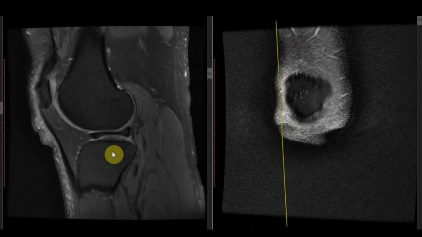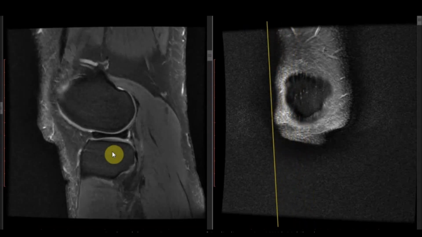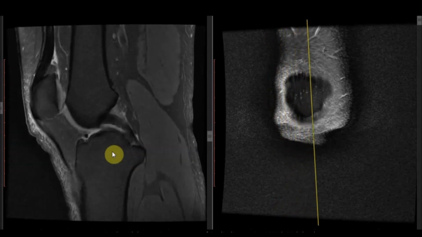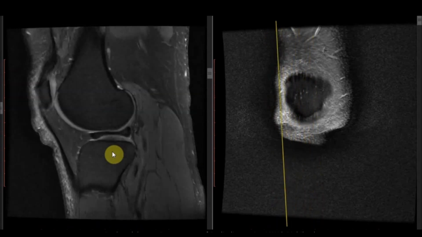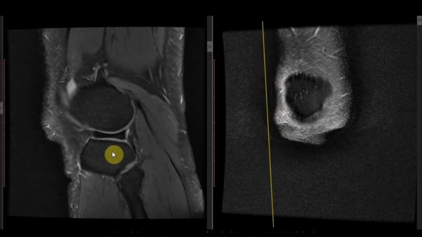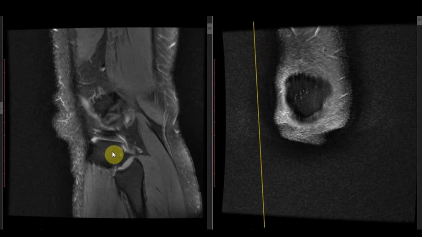It does not have a typical morphology. There is a continuous bow tie. You can see it has a bow tie on multiple planes.